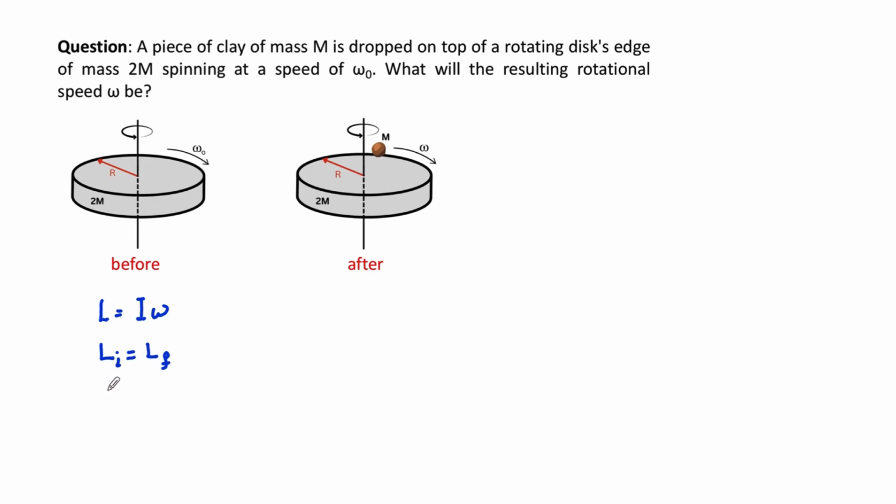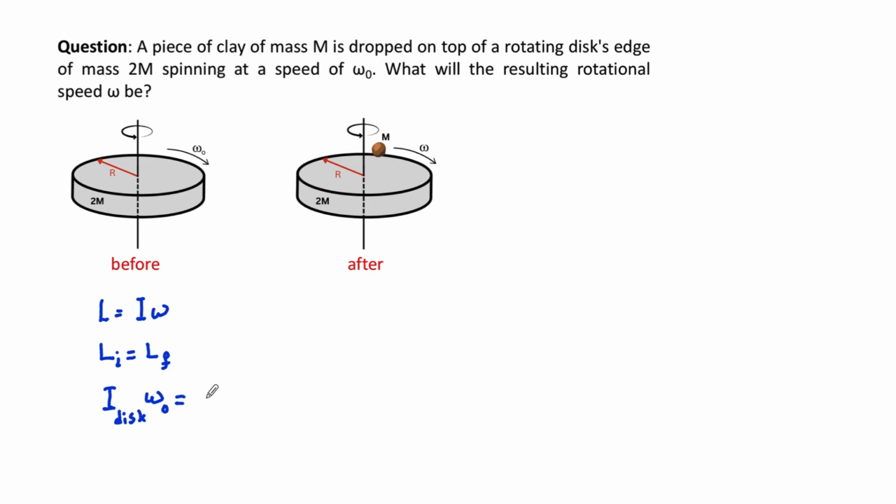So before the clay drops on top of the edge, the only moment of inertia that we have in this system is for the disk times omega 0, for this system, as you can see.